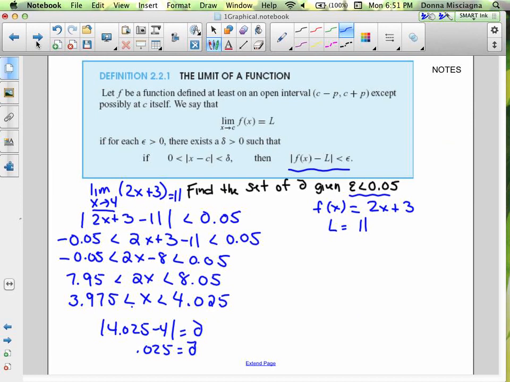Let me give myself a little bit more space, and I'm going to switch colors. This is the big point here.